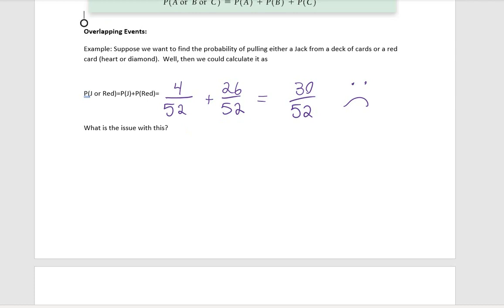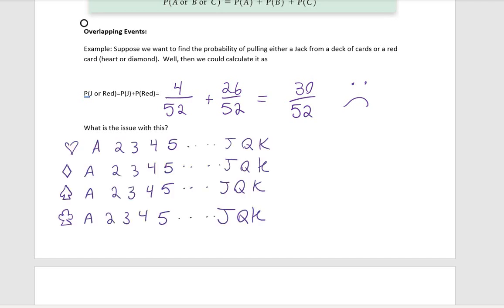Now, if we list out all the different possibilities for the deck of cards, I'm going to list them out really quick, and you can write them down or you can just believe me. Either way is fine. So they will appear in just a second. Alright, so I listed out all the different cards that we have, and we have 52 altogether.